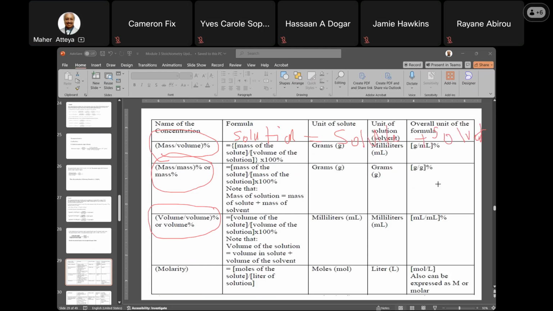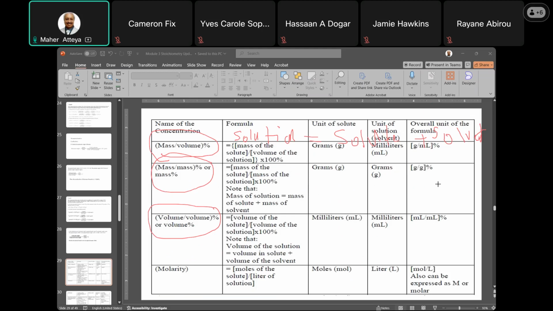So what is solute? What is solvent? Well, the solute is the least amount in the solution, which can be dissolved by a solvent, which is the larger amount.